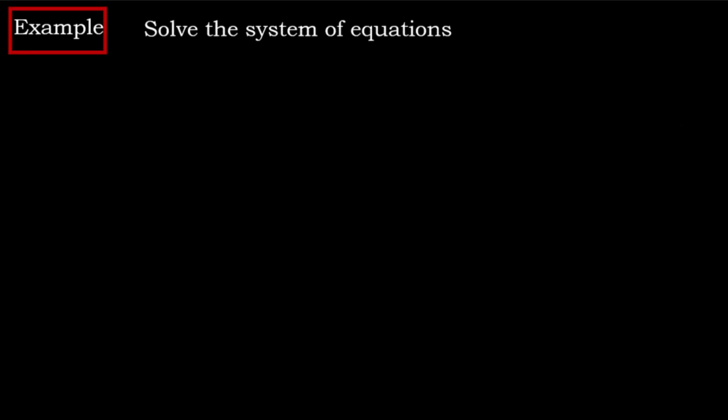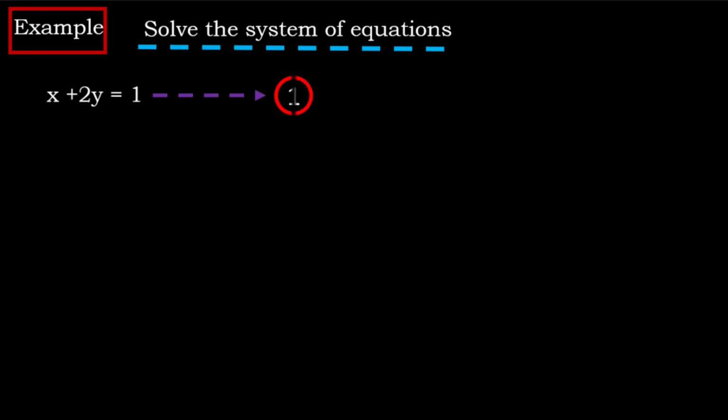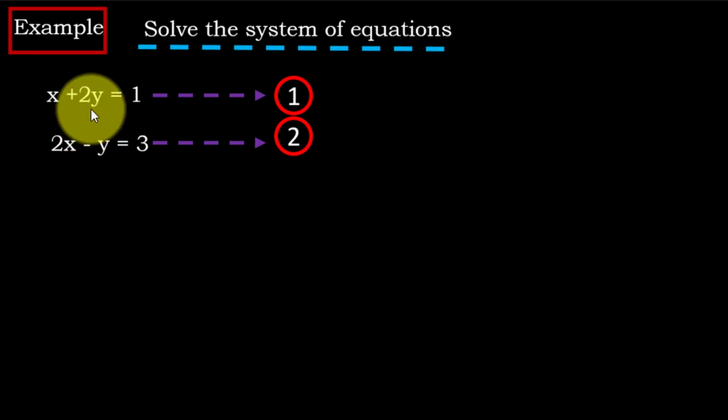Example, solve the system of equations. The first equation, x plus 2y equals 1, and the second equation, 2x minus y equals 3. Now if you look at the two equations here, we have 2y and we have negative y. So we have different signs of the variable y, positive and negative.